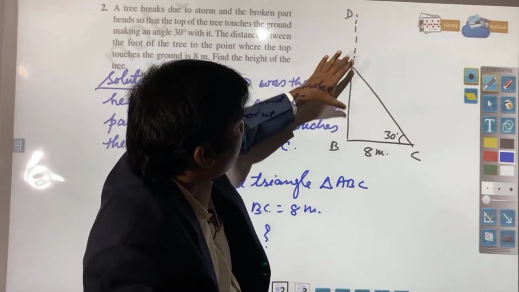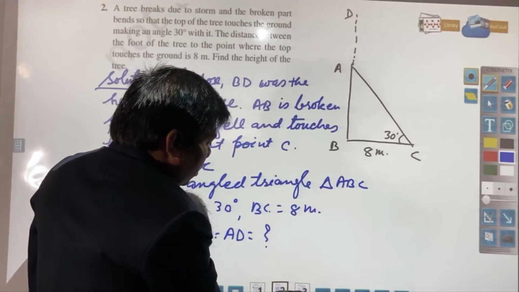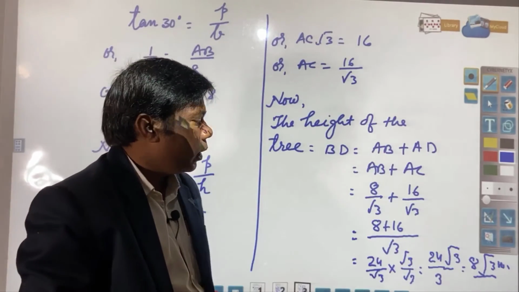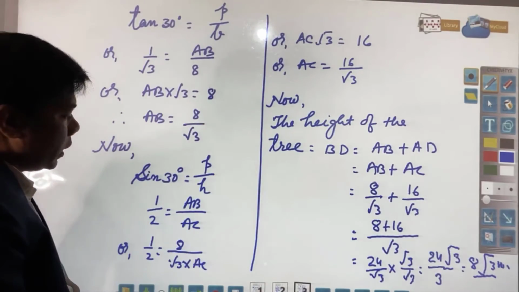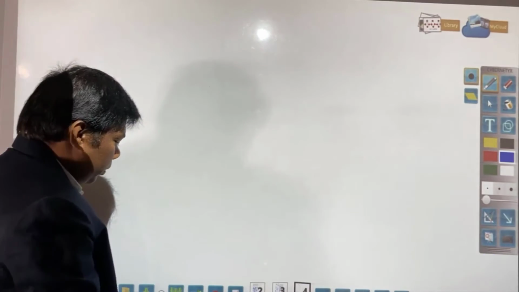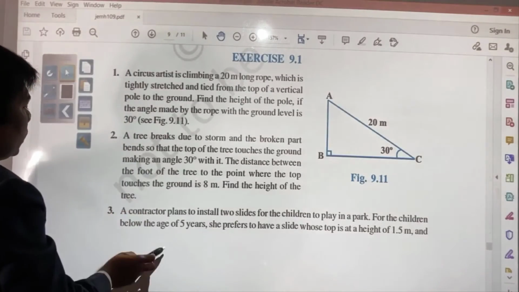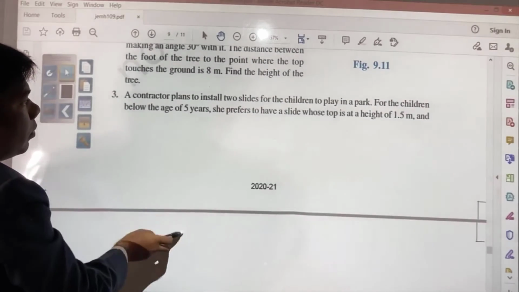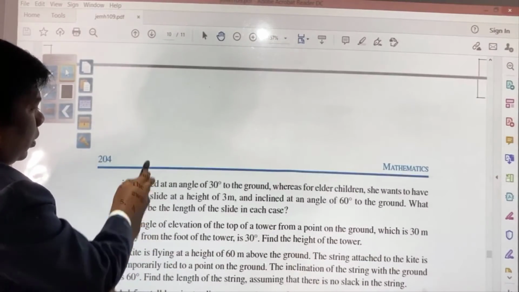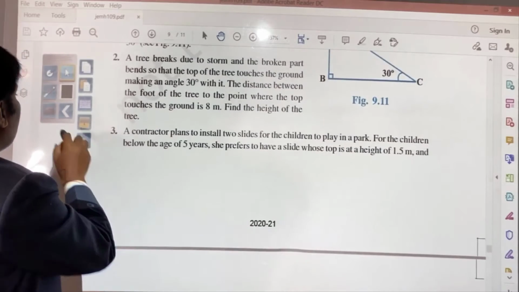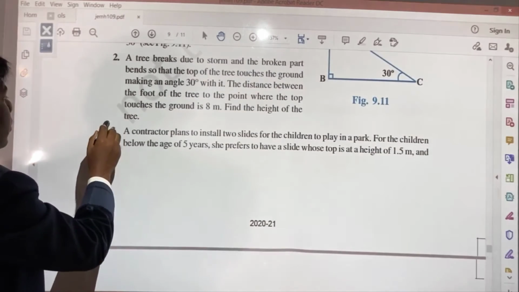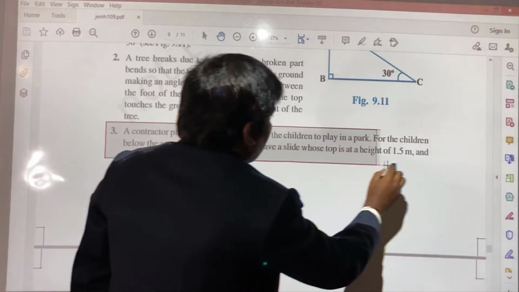So we have added this, and we have got 8 root 3, and that was our answer. So in this way, this is required to be solved. Next question we have. Question number 3.